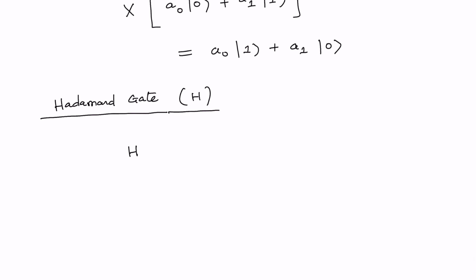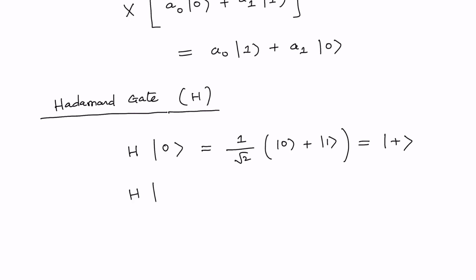When the Hadamard gate operates on the quantum state gate 0, it converts it to the equal superposition state 1 by root 2 gate 0 plus gate 1, which, if you recall, is your diagonal state gate plus. If it operates on gate 1, it converts it to 1 by root 2 gate 0 minus gate 1, again an equal superposition but with a minus sign before gate 1, which is the other diagonal state, gate minus.